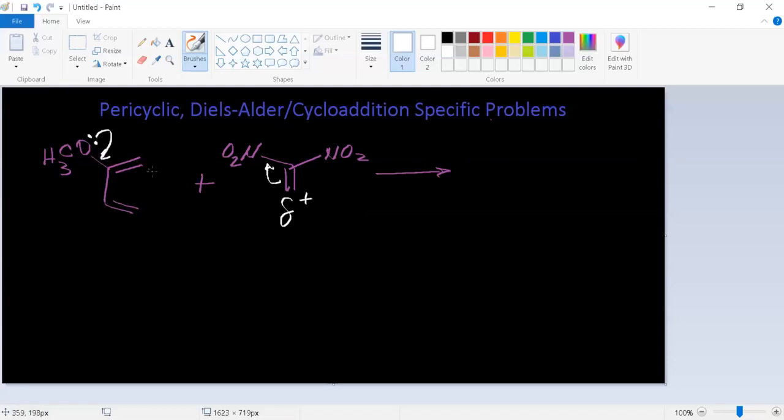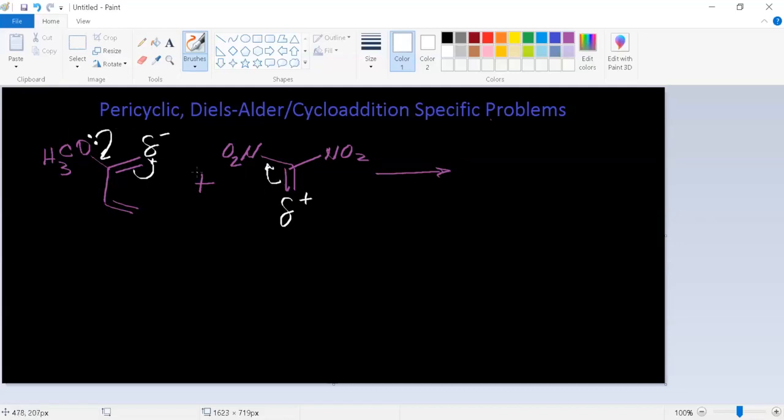So if those came down, we'd have to push electrons to that carbon, and that would let us see a partial negative charge. And so we're not actually moving these electrons around. They're not actually our mechanism for this problem. It's just how we're going to think about what's going on. So for the most part, disregard these white arrows.